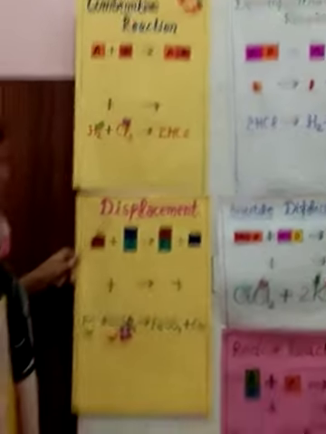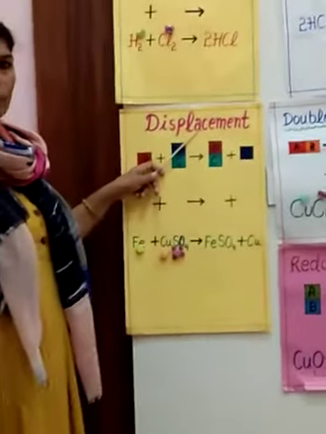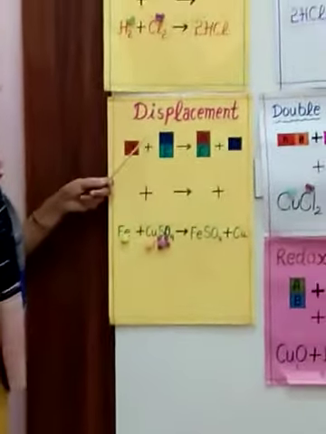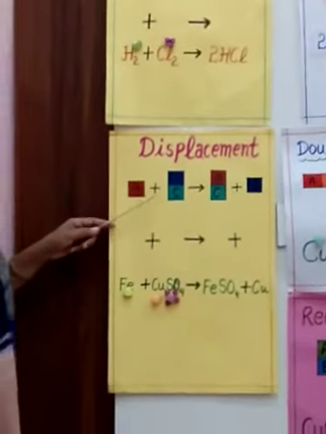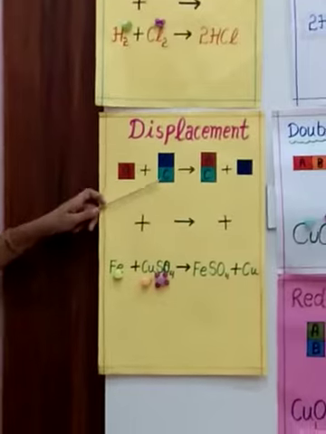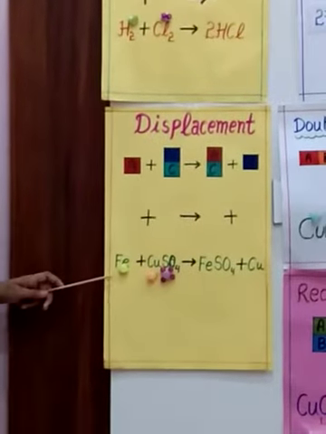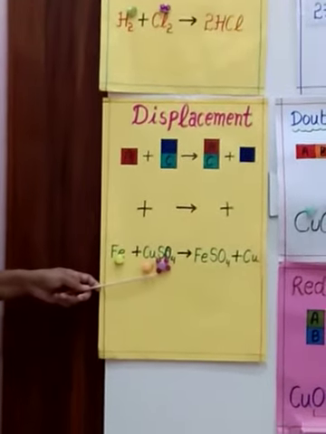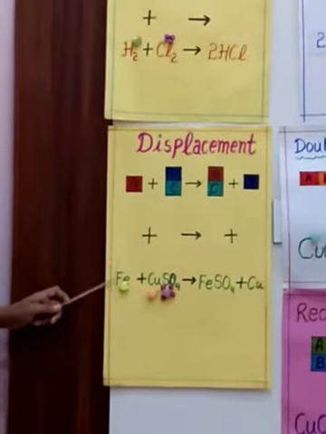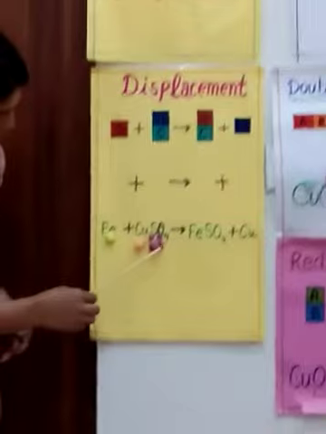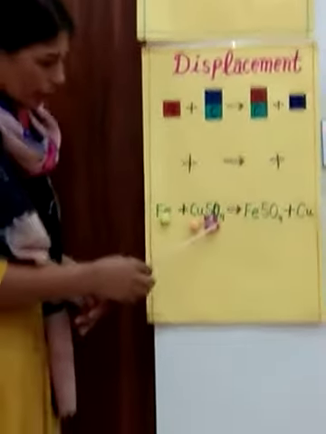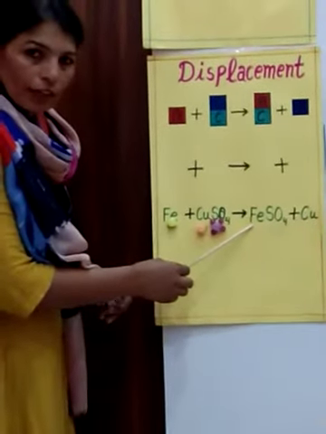The next type of chemical reaction is displacement. Displacement means a more reactive element displaces a less reactive element from its solution. Here we put iron into copper sulfate solution. As we know, iron is more reactive than copper, so it displaces copper from its sulfate group in the solution and becomes iron sulfate.